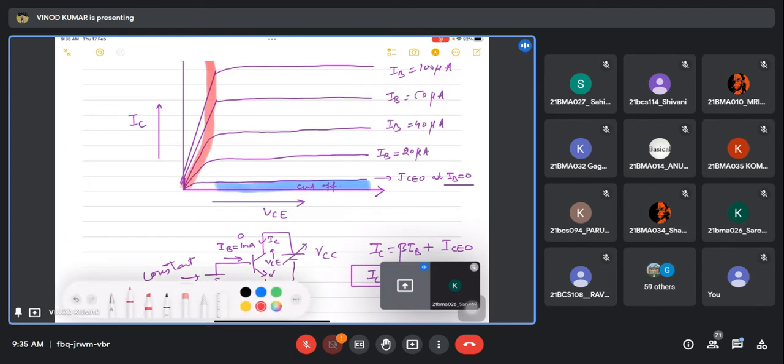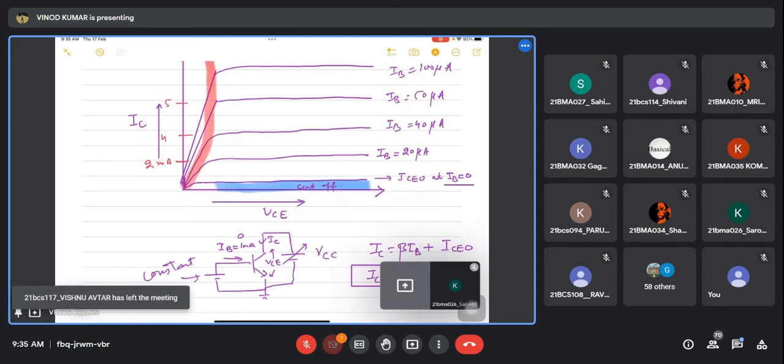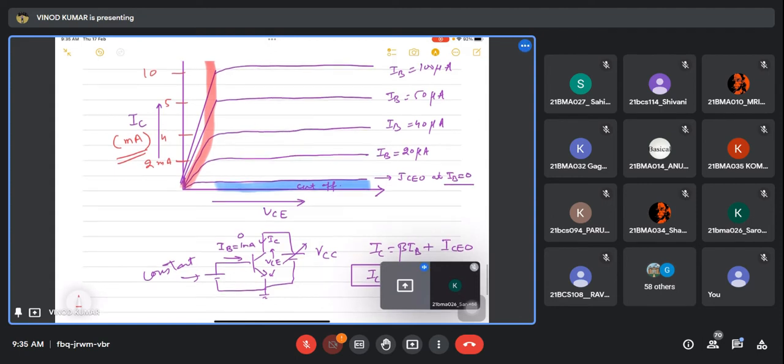So I can have partition between these regions. This I'll write 2 milliampere, this I write 4, this 5, this is 10, like this. This is in milliamperes. Okay, the value of beta that I increase up to 100. If beta is 100, so definitely it is in milliamperes.